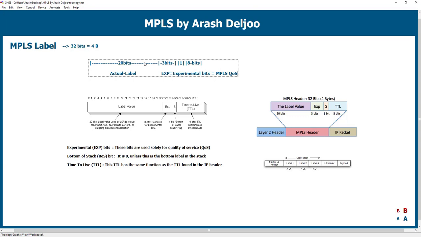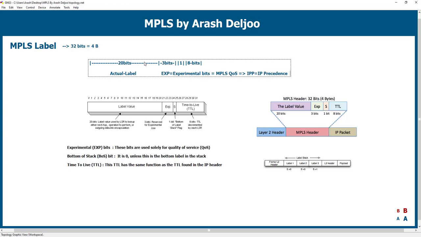The function of these 3 bits is the same as the function of IPP or IP precedence in the IP world. You know that in the traditional IP world, we have IP precedence, and we use IP precedence for quality of service. And in MPLS, we use EXP for quality of service, 3 bits.